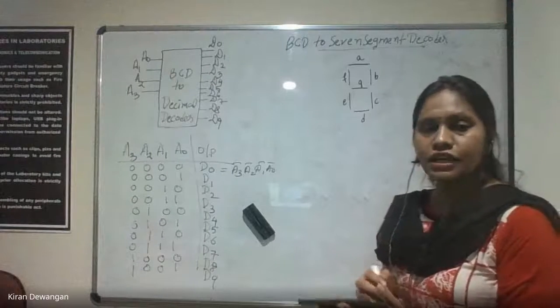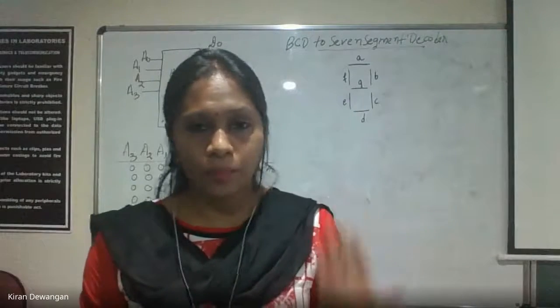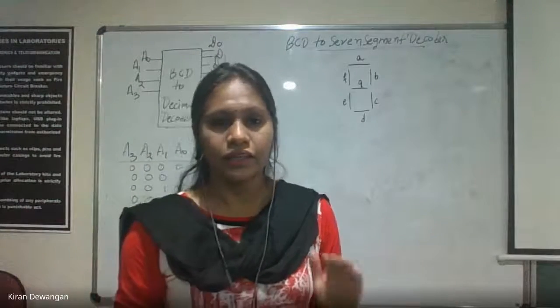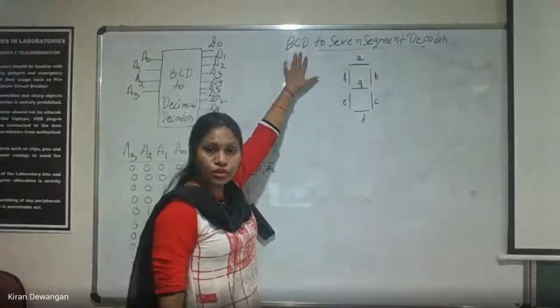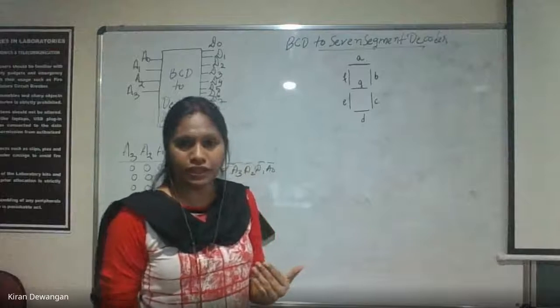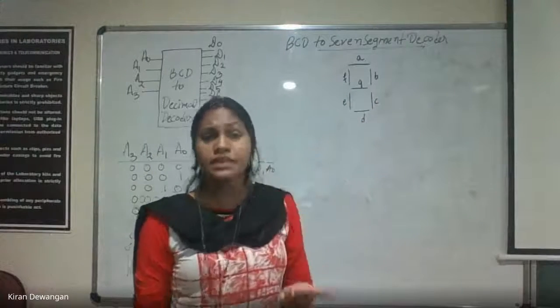It will just give the output from 0 to 9. It cannot show more than that. Depending on the input, it will give you the output. Now since the input is also BCD, in BCD we also give input only from 0 to 9, and that is what we could see as a 7-segment.